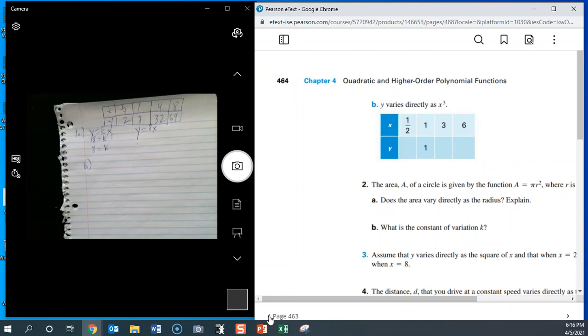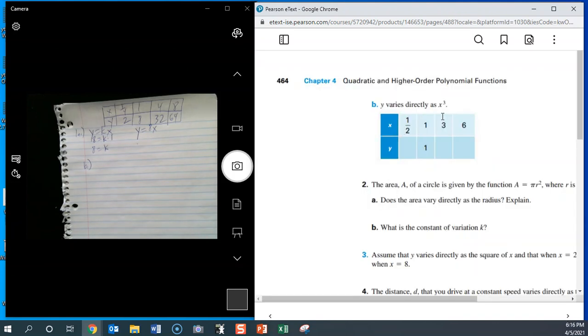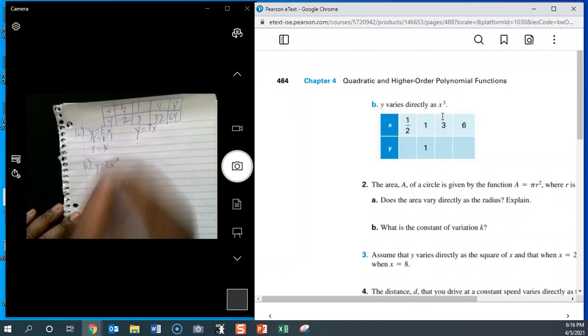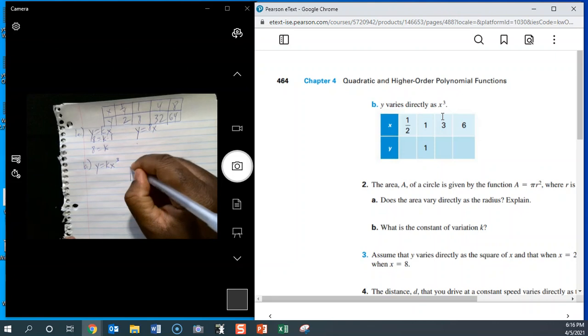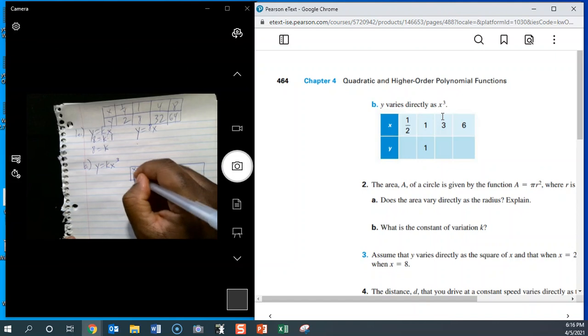So it's basically the same as what we did in problem number 1 when it says y varies directly as x. But in this case, y varies directly as x cubed. So we'll write y is equal to k x to the third power. Because remember, it's y equals kx to the n, and in this case, n is the third power. Okay, so now we have another table. So we have x and y.